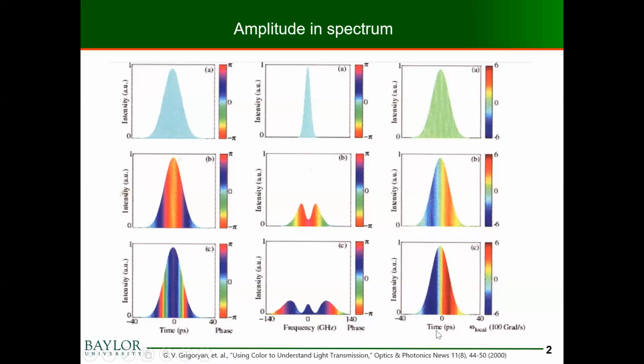Okay, so now let's look at the third column. The third column is the time and the local frequency. In other words, once you add some phase, you actually modulate the frequency, so it changes the frequency a little bit. So it adds phase modulation in the time domain.